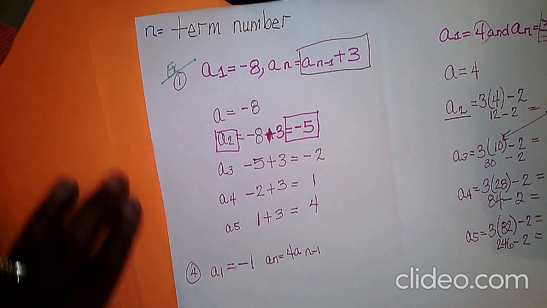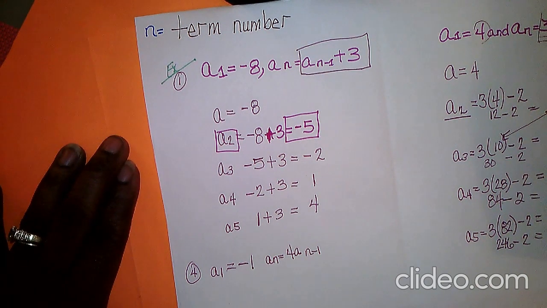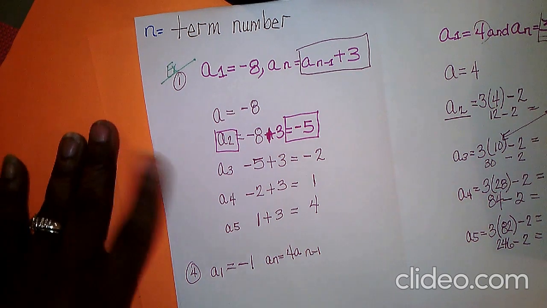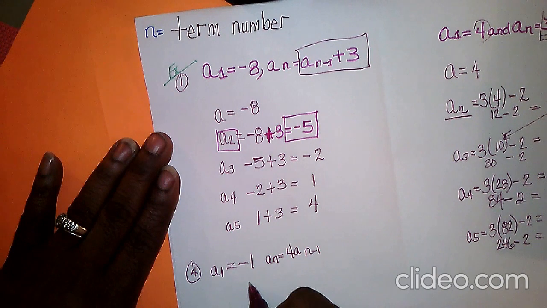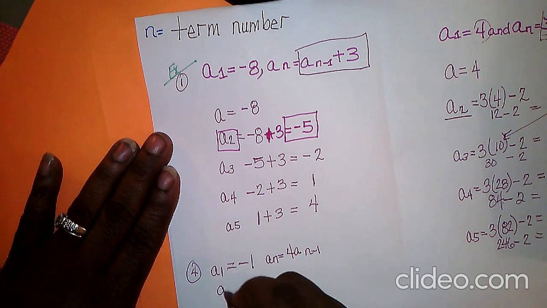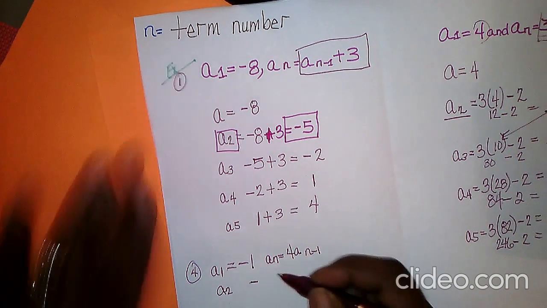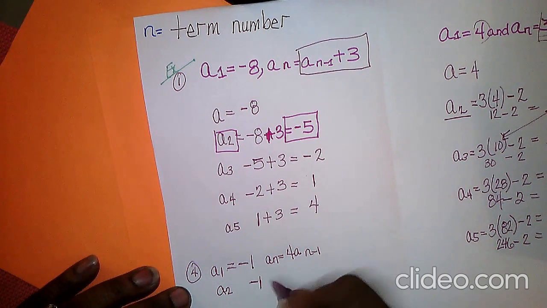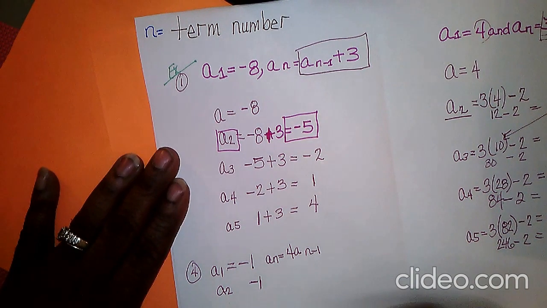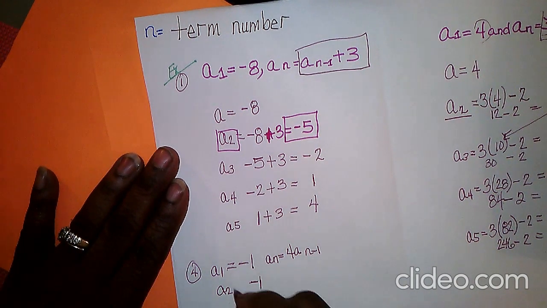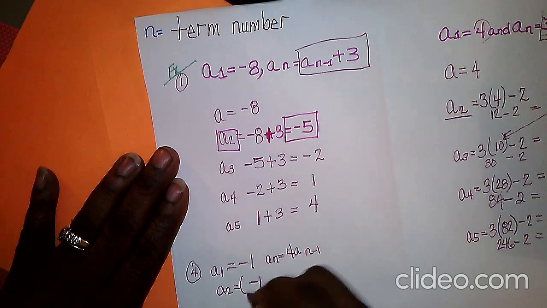Alright, so as we look at our formula, we have negative 1. So we're going to do A2. Oh, on this one, it starts off with a 4.